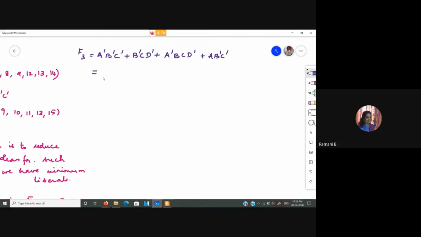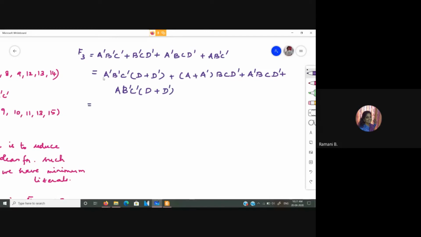So first let us find the sum of minterms for this. You will have A bar, B bar, C bar dot (D plus D bar) because D is missing over there, and then plus A bar dot B C D bar plus A bar B C D bar plus A B bar C bar dot (D plus D bar).